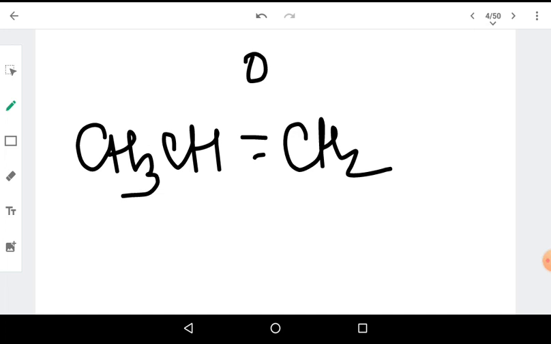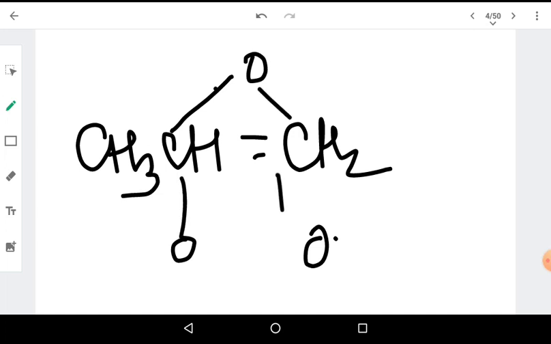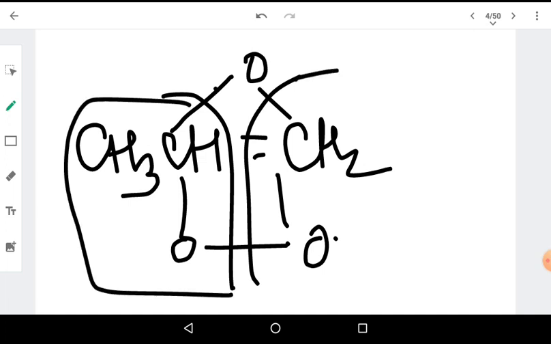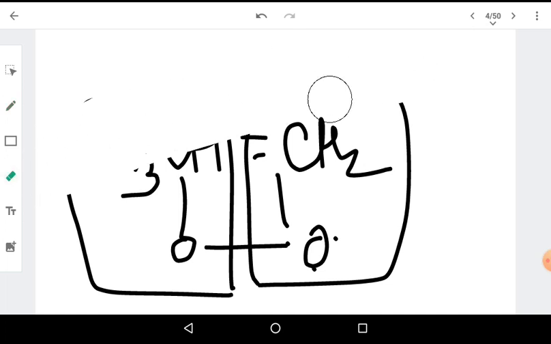Write an oxygen above the double bond, write an oxygen under this carbon, write an oxygen under this carbon, join these two, form an ozonide, and then break from the roof to the base, and whatever is left you have to join to get the compound. So this is CH3CHO, and this we will write as HCHO, methanal, and this one is ethanal. So this is what is known as ozonolysis.